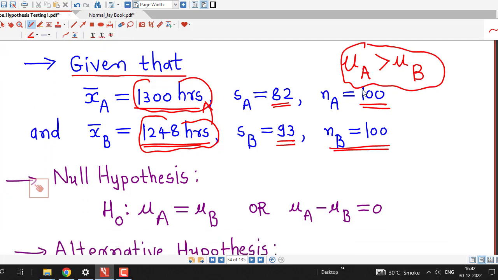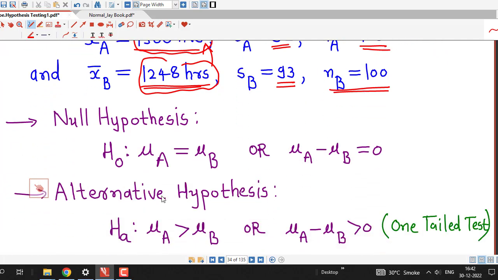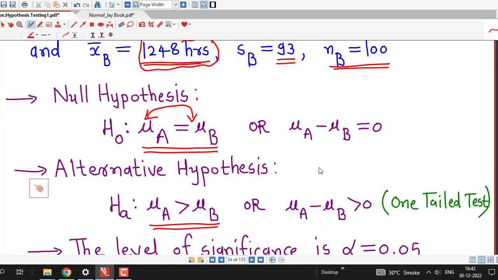Depending upon that claim we decide the alternative and null hypotheses. Whatever we claim goes in the alternative hypothesis, and the negation of the alternative hypothesis, that is, there is no difference in the mean life of electric bulbs, is the null hypothesis. So this is the hypothesis setting. We first have to set the null and alternative hypotheses.